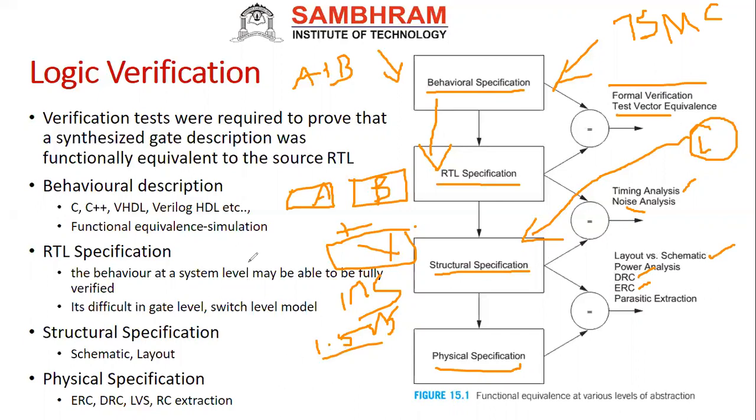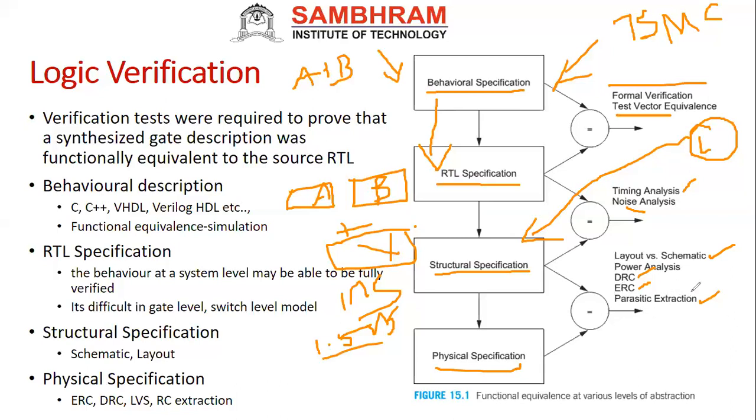What is layout versus schematic? What you have done in the schematic, for example the libraries, the technologies, your sizing of the transistors and the electrical connectivity, it will cross check whether you have done the same thing in the layout. If both are the same, next you can go for the parasitic extraction.